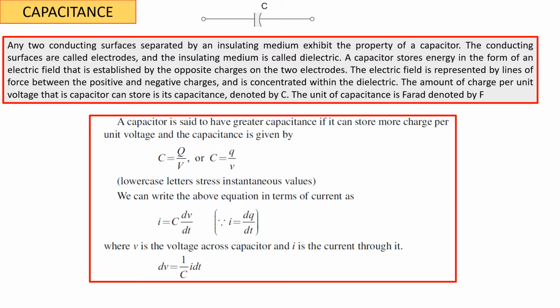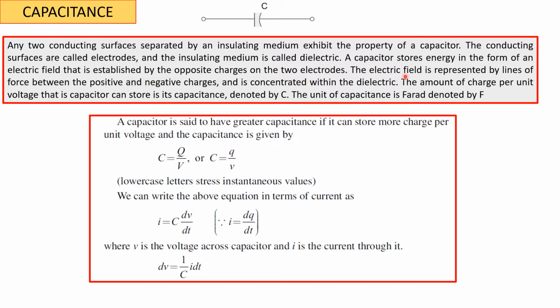Capacitance. Any two conducting surfaces separated by an insulating medium exhibit the property of capacitance. The conducting surfaces are called electrodes and the insulating medium is called the dielectric. A capacitor stores energy in the form of an electric field that is established by the opposite charges on the two electrodes.